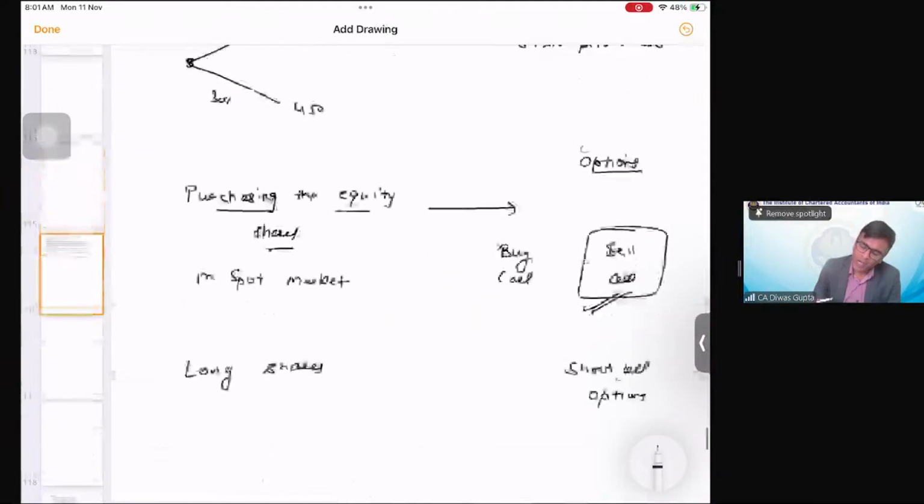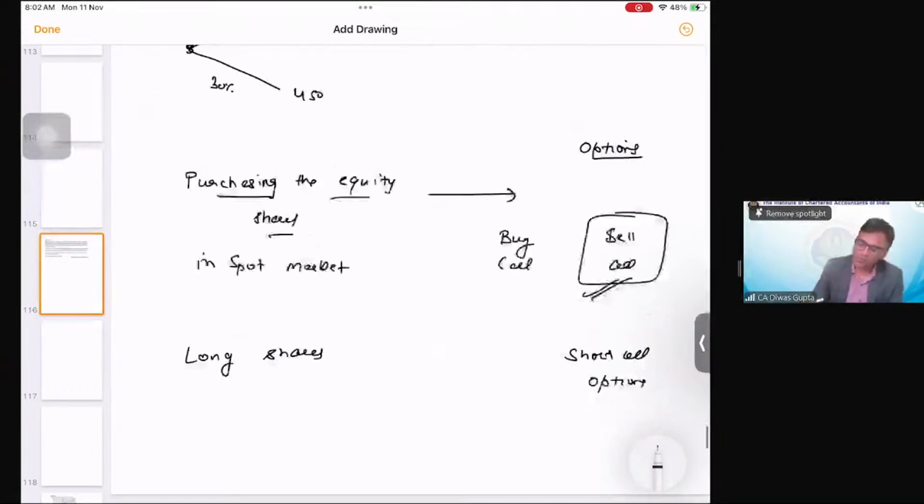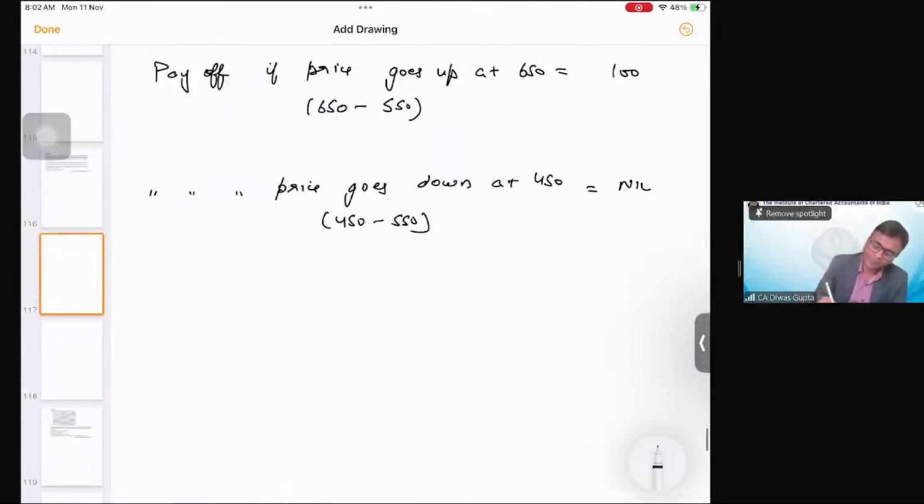So another term to call this a hedge relationship, I mean the combination of shares and options to achieve a hedge, is called the hedge ratio. So hedge ratio will tell you for how many shares purchased, how many options need to be sold.